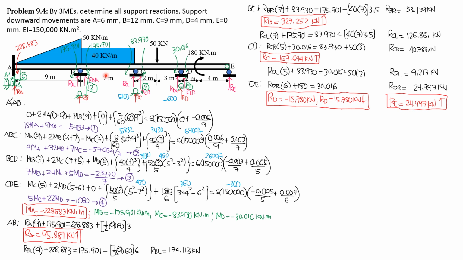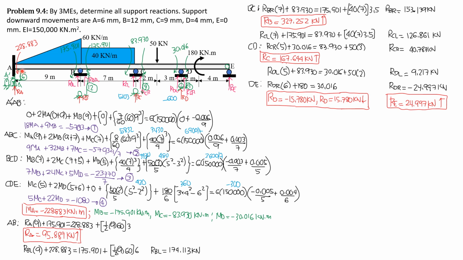But if EI is constant, then the equation reduces to MA plus 2 times MB quantity L1 plus L2, or LAB plus LBC, plus 6 area 1A over L1 plus 6 area 2B over L2 equals 6 EI quantity HA over L1 plus HC over LBC.